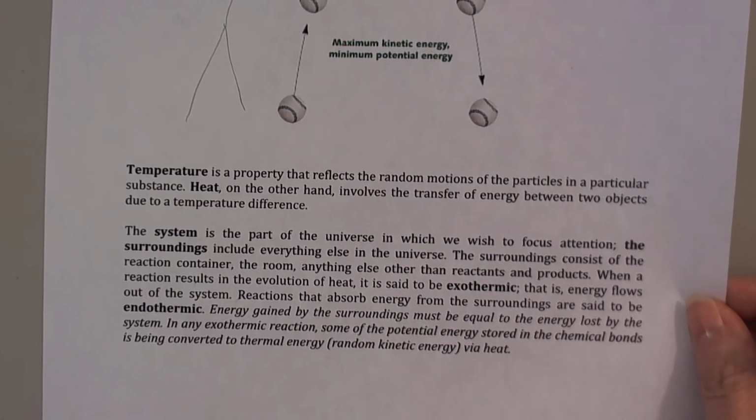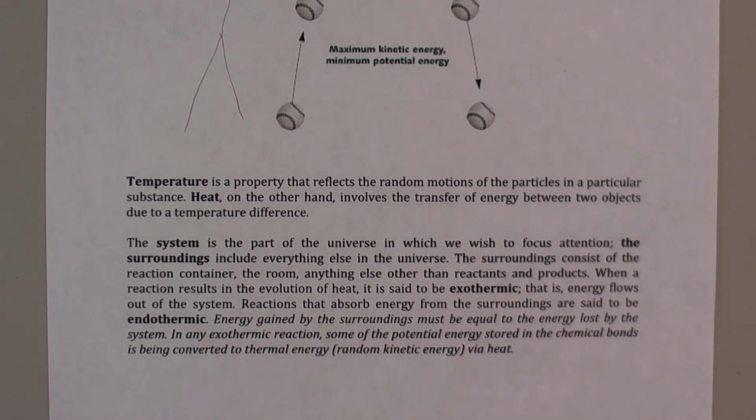Let's look further down at temperature. Now, temperature is a property. It reflects the random motion of those particles. So I want you to think about kinetic energy when you think about temperature. Temperature is proportional to the kinetic energy or the motion of those particles.